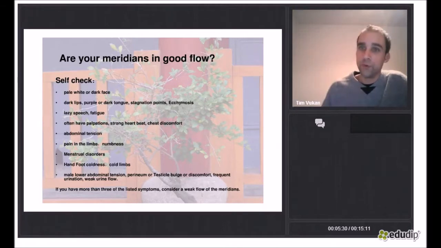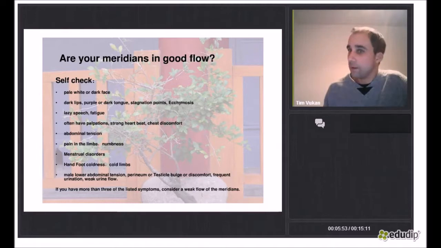So if you go through this checklist, starting on top with having a pale white face or a dark face, dark lips, and so on, and you find more than 3 of these listed symptoms, we could consider that there is a weak flow of the meridians, which could be brought into a balanced state by applying certain methods, which we also introduce in this online course.